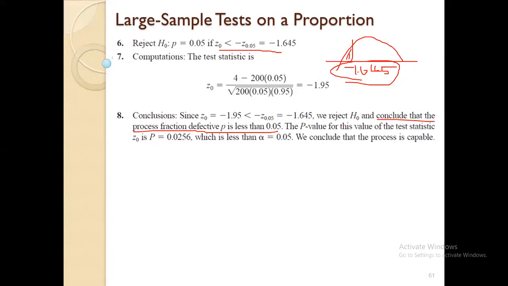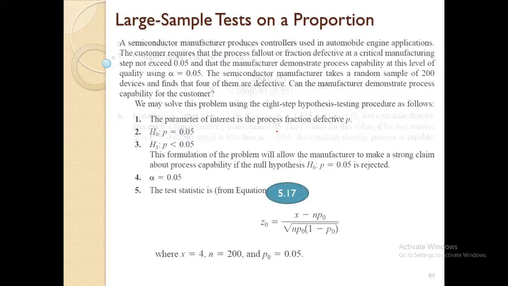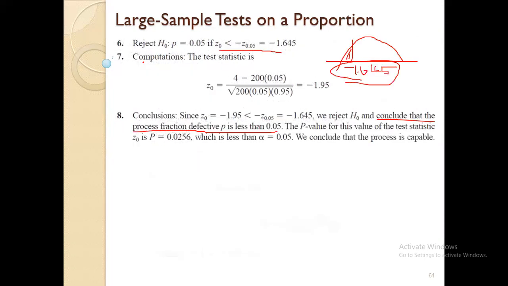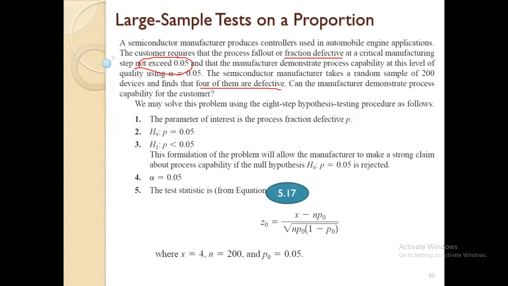The customer needs it not to exceed 0.05, and you conclude that it's less than 0.05. So it meets the customer's requirement. You reject H0 and accept H1. We conclude that 4 defects from 200 meets the requirement of the customer.